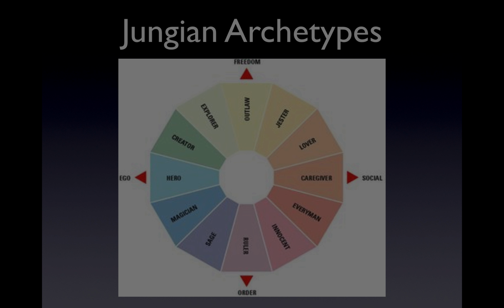Carl Jung talked about archetypes, and in fact, you can see a lot of these archetypes in different stories or in your life. So there's people who may be the creator, the explorer, the outlaw, and there are different theories. You may have different archetypes like the father, the mother, the son, the daughter.